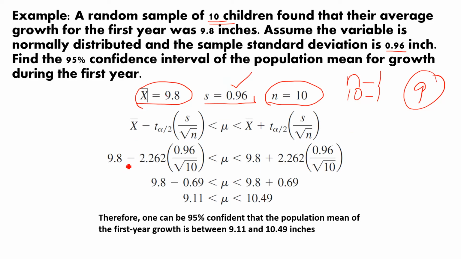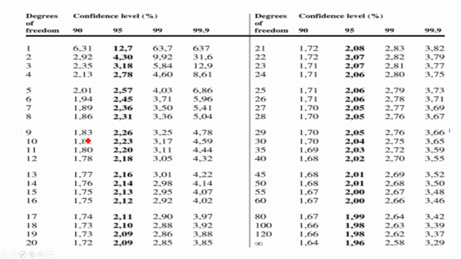So 9.8, right? s is 0.96. For the sample size you have to use 10. But for t sub alpha by 2, we will use degrees of freedom 9, and what percent? 95%. So I will show you here, it will be more clear. So 9 is here, right?